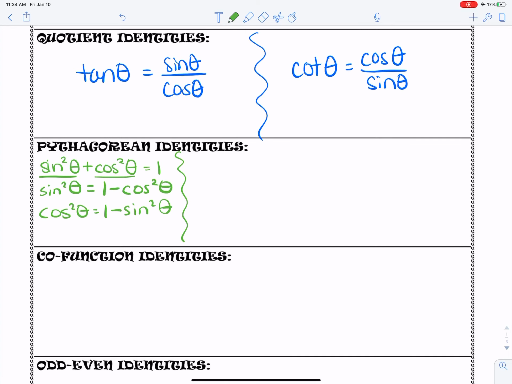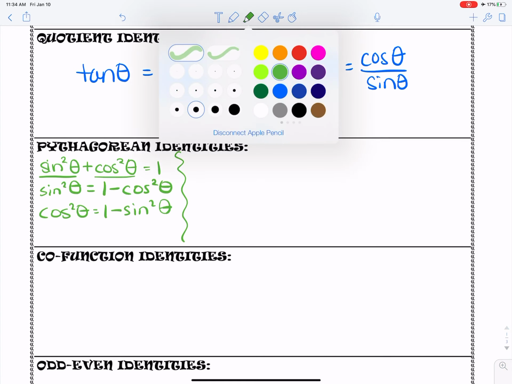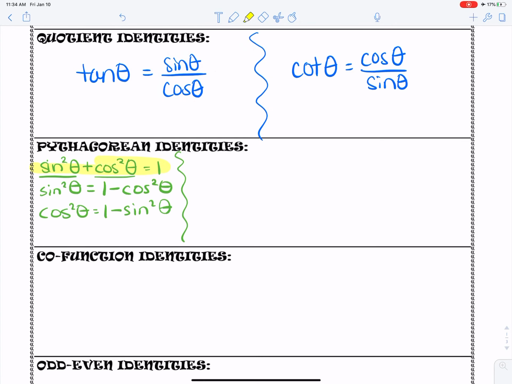Well, if you start out with the sine squared plus cosine squared equals 1, and you solve for each term individually, that will give you the rest of these sine and cosine identities. But then if you again start with sine and cosine and divide, just doing a different operation, you'll end up with new trig identities.